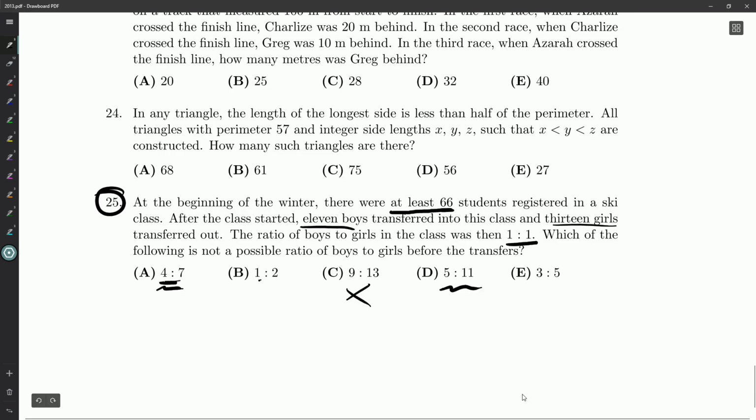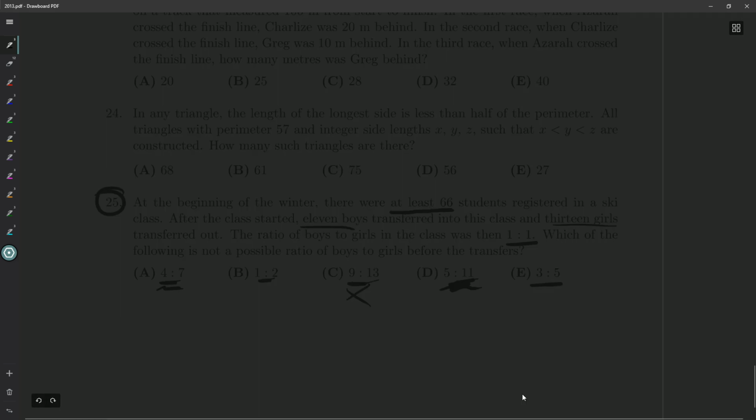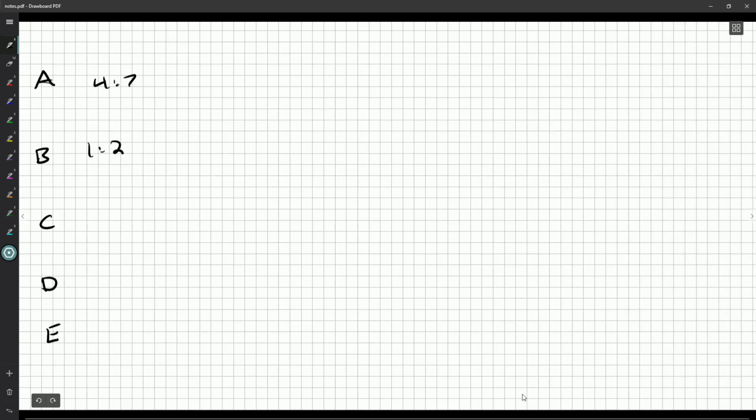We've got possibilities, so let's work with these possibilities. If the ratio were A, 4-7, or if the ratio were 1-2, 5-11, 9-13, and I think it was 3-5 at the end?